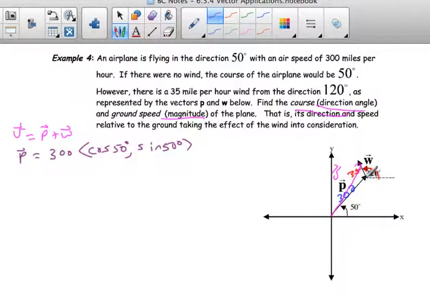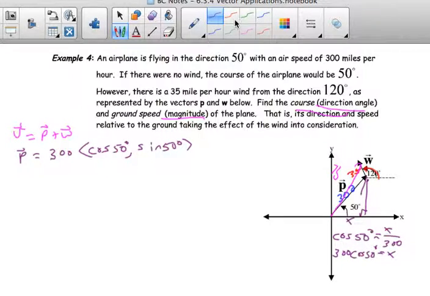And we can see that, I'll do this just for the P vector. If I were to make a little right triangle here, I could say that cosine 50 is going to equal this length x, the adjacent side, over the hypotenuse, which is 300. So x is equal to 300 cosine 50.